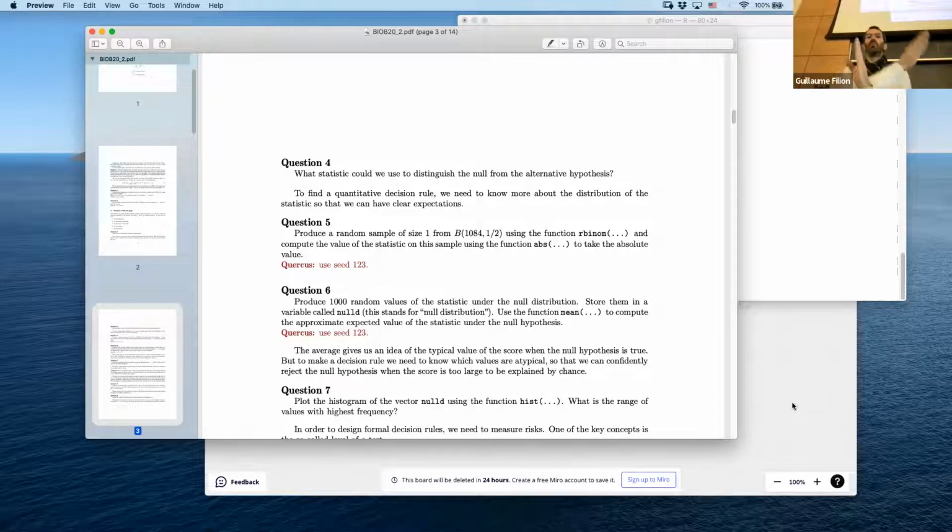And if it's below 542, we're again going to count it positively. Okay, so we take the absolute difference. Now, same question. If the null hypothesis is true, what is the expectation for the statistic this time? 0.